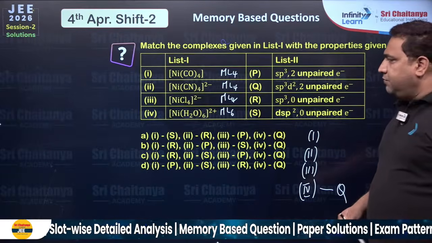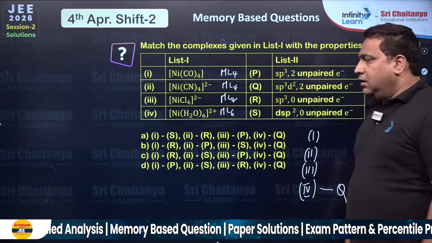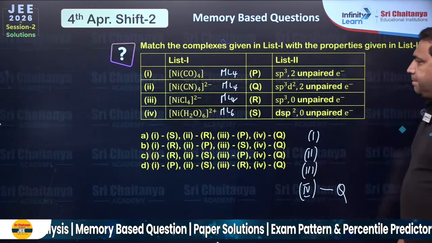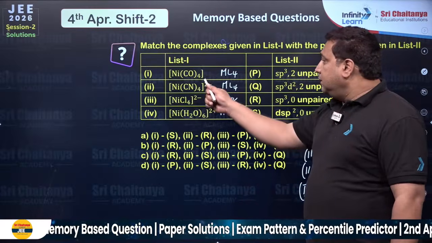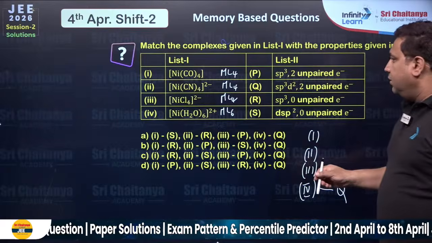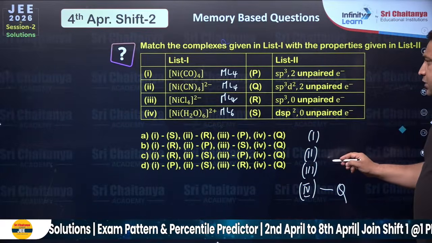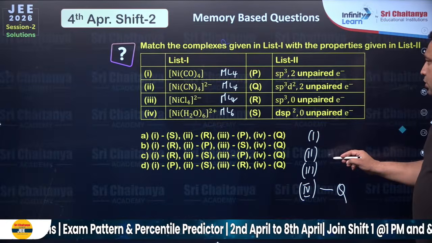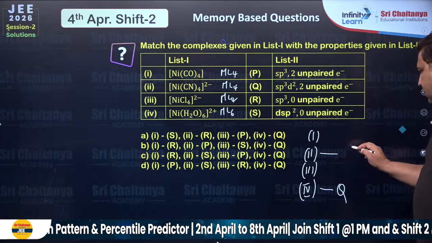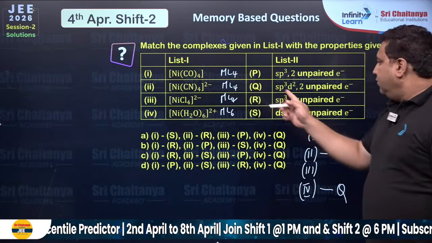It wasn't a match the following, okay, maybe it is multiple choice. Anyone, you just check your answers. Now, we know that this nickel, this one is a very famous strong field ligand, and it is dsp2 hybridization. 2 will be S. 1 is sp3, with 0 unpaired.